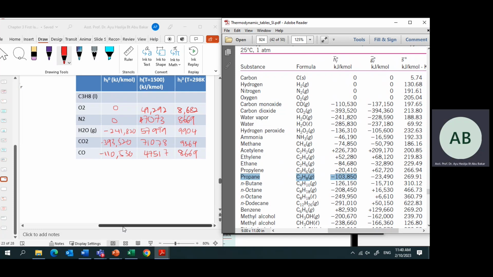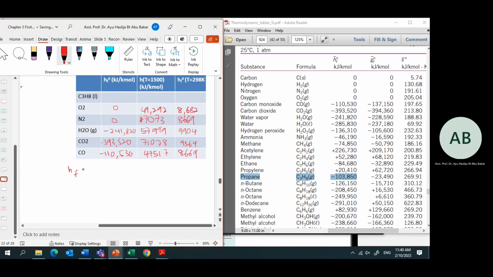Okay, so to find out HF for liquid propane, if in gas, it is equivalent to LHV. Remember? If in liquid, it is HHV.